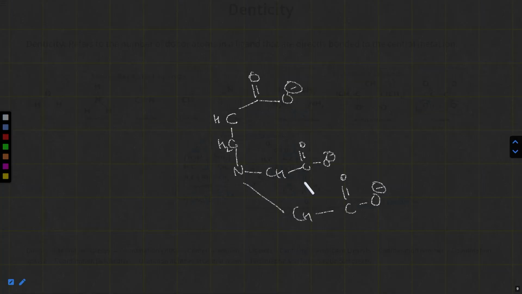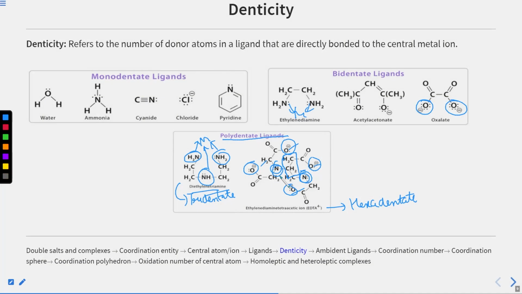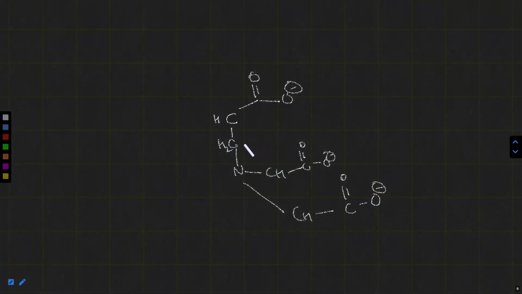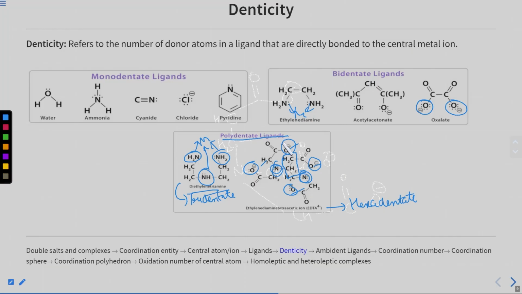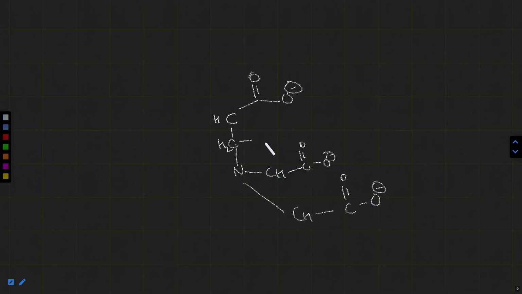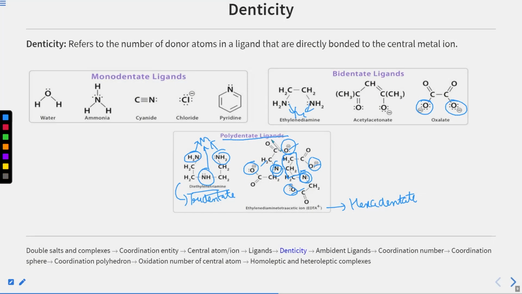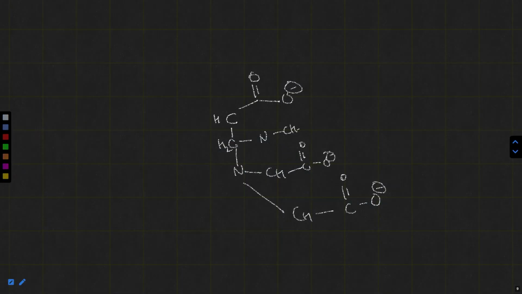Next is this. So we have N here. Now this C can make one more group, that is your nitrogen and CH2 COO minus. CH2 COO minus.